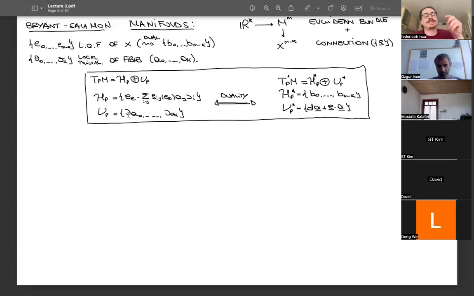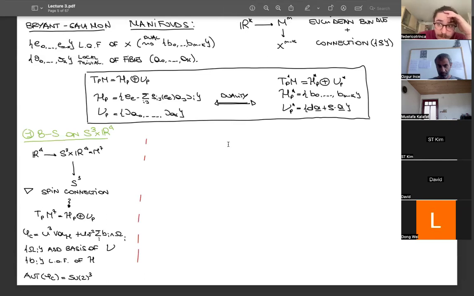And the vertical space is just spanned by the derivatives of these local coordinates a_0 to a_k. By duality, you can check that the cotangent space splits into the horizontal part, which is just spanned by the local orthonormal coframe of X, and the vertical part is spanned by these one-forms here.